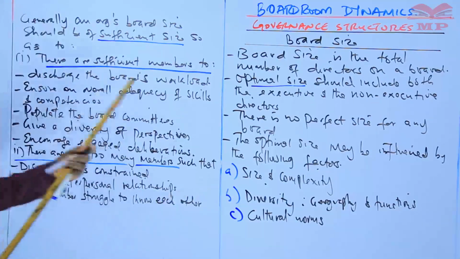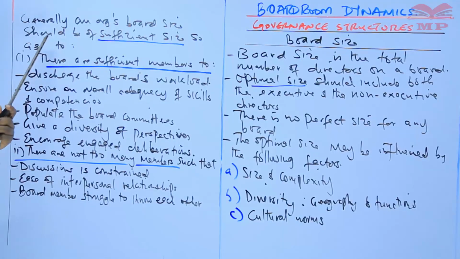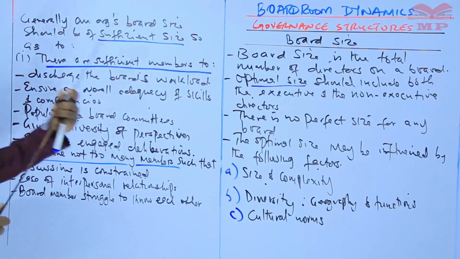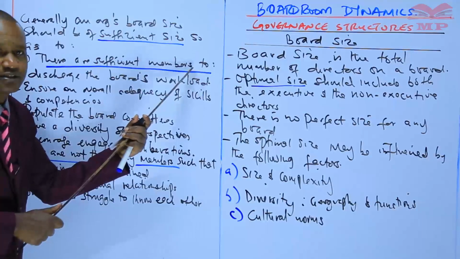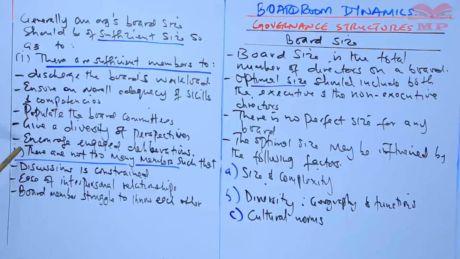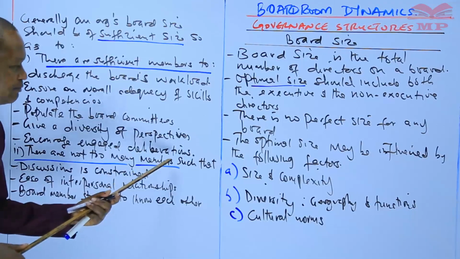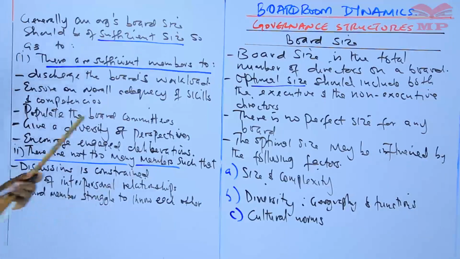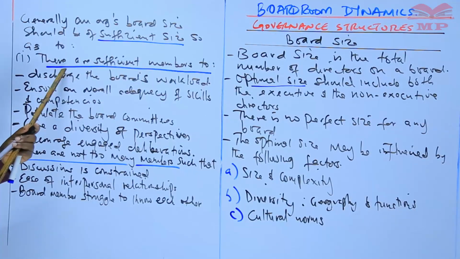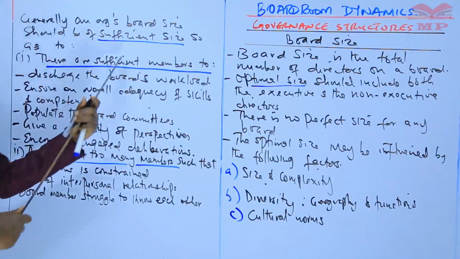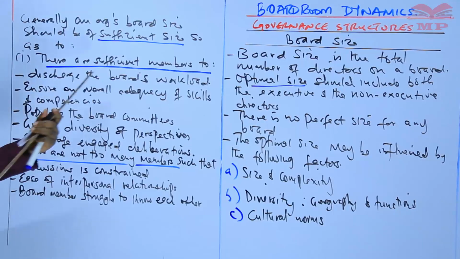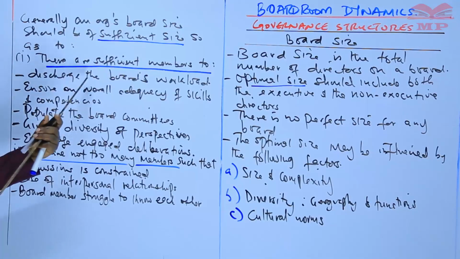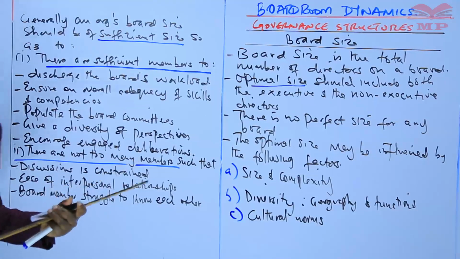Then in today's lesson, candidates, I've said that generally an organization's board size should be of sufficient size so that there are sufficient board members, and so that there are not too many members that sit on a board. I've explained reasons why there ought to be sufficient members. The first reason is that if you have sufficient members, then such members can discharge the board's workload.